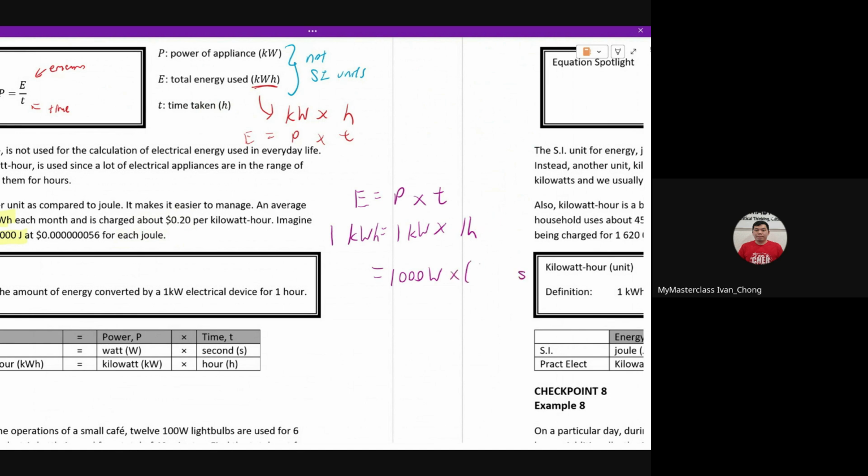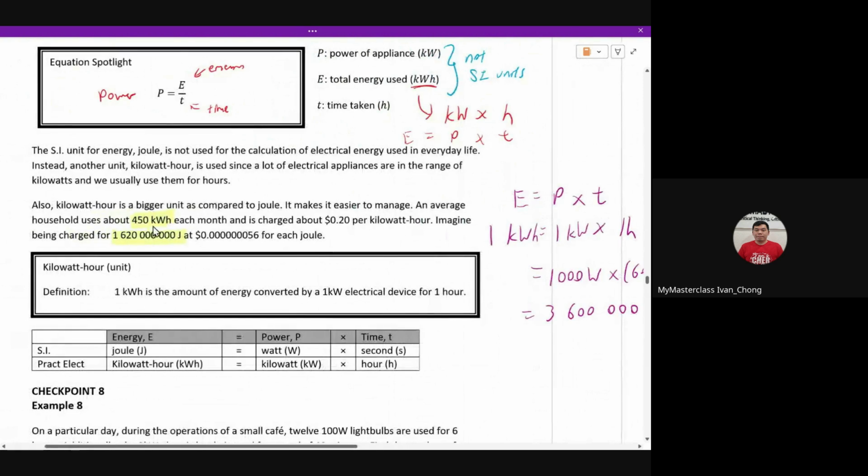I'll take 60 times 60, because 60 minutes, 60 seconds. So you end up with 3,600,000 joules. That is why we don't use SI units, because just 1 kilowatt hour is already 3 million something. So if you have the 450 here, you end up with 1 billion something. It's going to be a very, very crazy number.